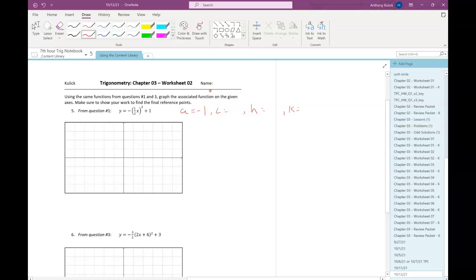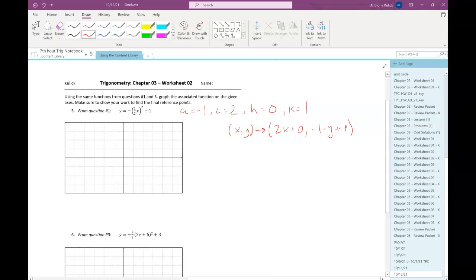Yeah. C is 2. H is 0. And K is 1. I'm going to use that to build my function map. So that function map is Cx plus H, Ay plus K.